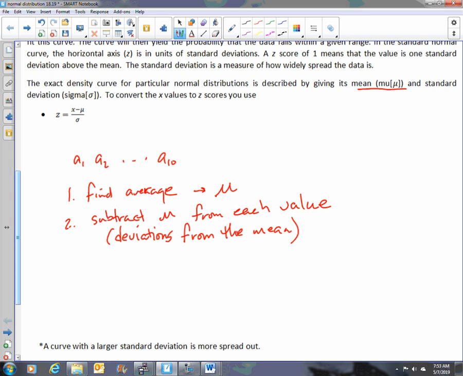Now, step 3, you would square the deviations. Step 4, you would average the squares of the deviations.